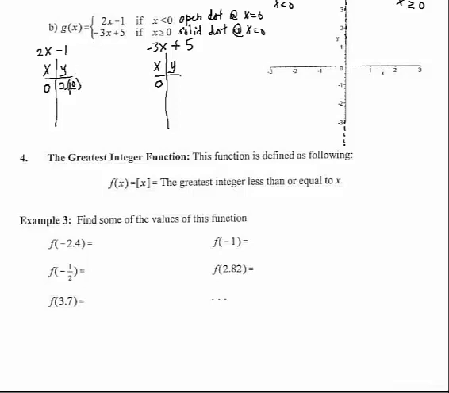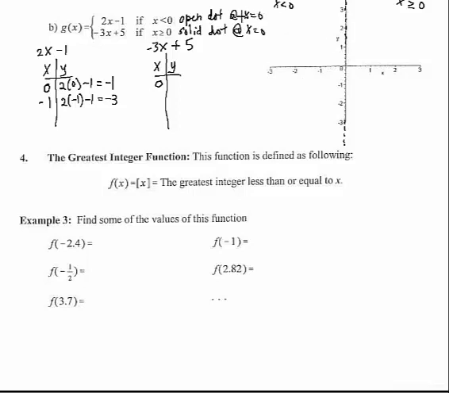2 times 0, 0 my input, subtract 1, negative 1. 0 is always a nice number to use. Now I want to pick numbers less than 0, negative 1. 2 times negative 1, minus 1, and I get negative 3. I'll go over here and go ahead and plot my points.